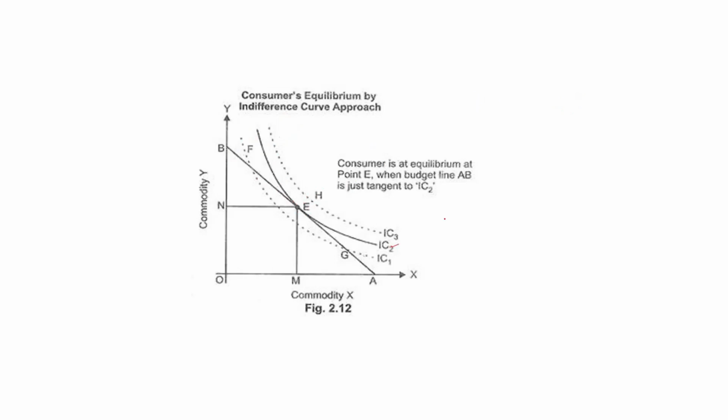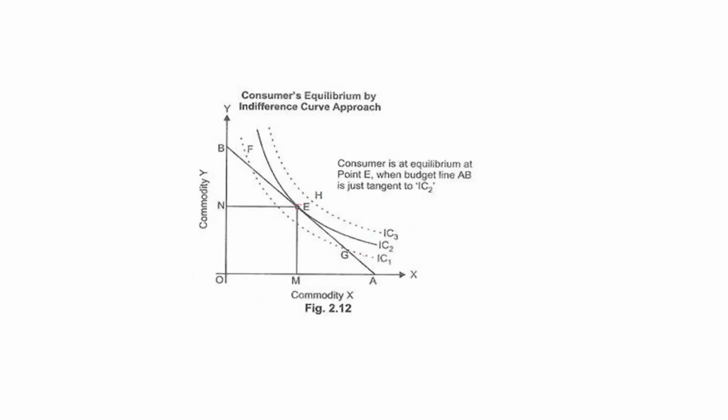So this is known as the consumer equilibrium level. IC2 represents the level of consumer equilibrium. IC3 does not represent it, because any of its points like H is not tangent to the budget line, and IC1 is also not representing the equilibrium level of a consumer, because in all these lines it's not tangent to the budget line.